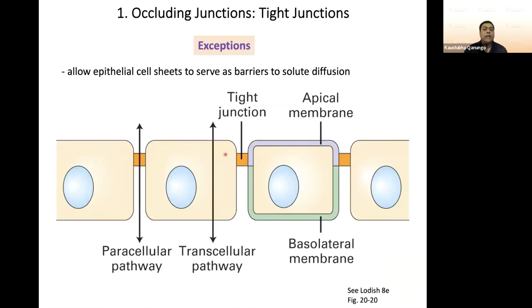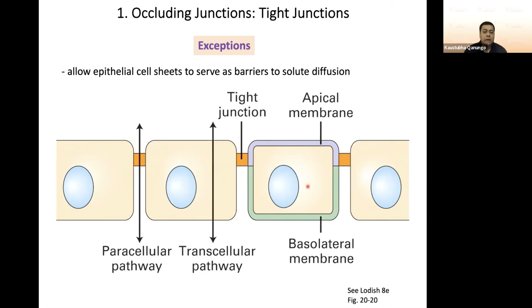All right, right here, this is also familiar to you in an almost similar way. What are the different ways, and are there any exceptions? If you have a cell with an apical surface right here and a basolateral membrane, as we said, the tight junctions separate the apical and the basolateral surface.